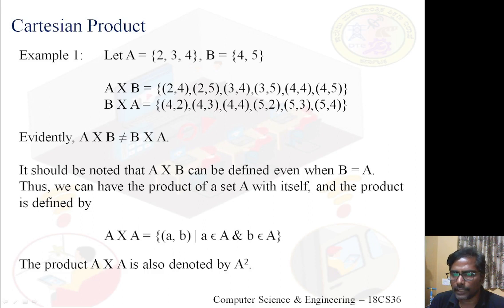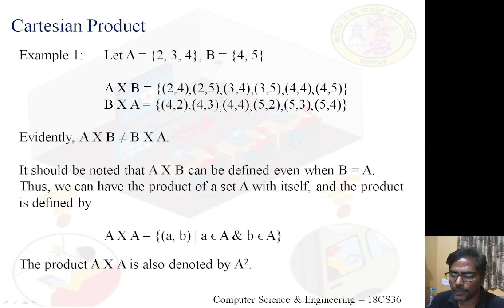Suppose we assume that, in this case, the set B is nothing but set A. Then if I am computing A cross B, it means I am computing A cross A. Got it?